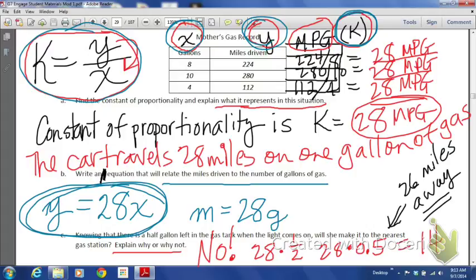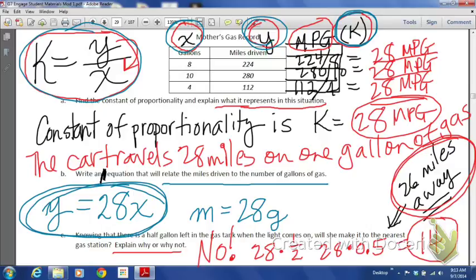We know that half of 28 is 14. So she can go 14 miles on that half gallon, but the gas station is 26 miles away. She is going to be 12 miles short of that gas station.